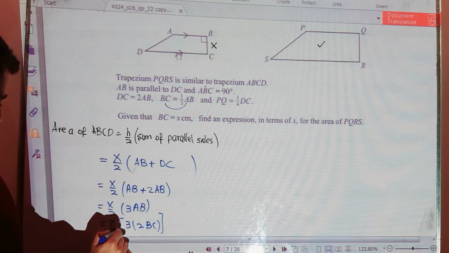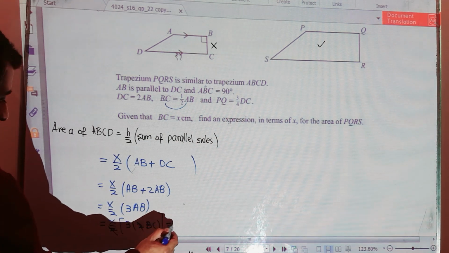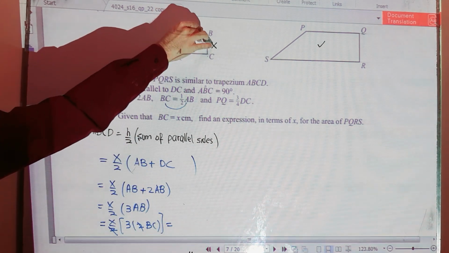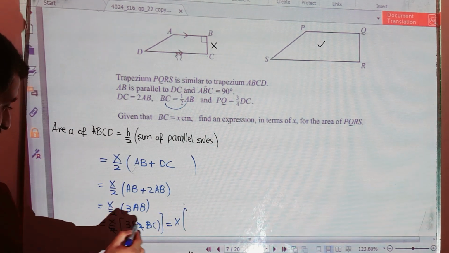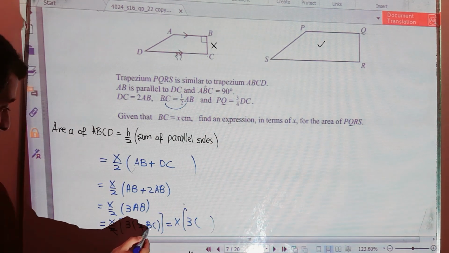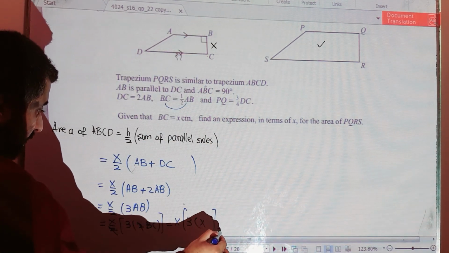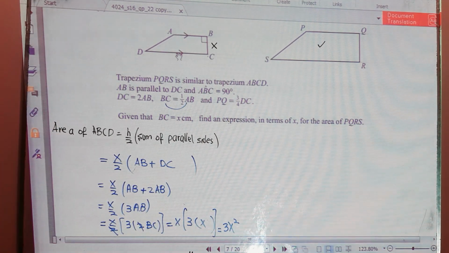Now I can cancel this 2 and this 2, and in place of BC I use x, so that will be x into 3 into x, so your answer will be 3x square. That is the area of trapezium ABCD.